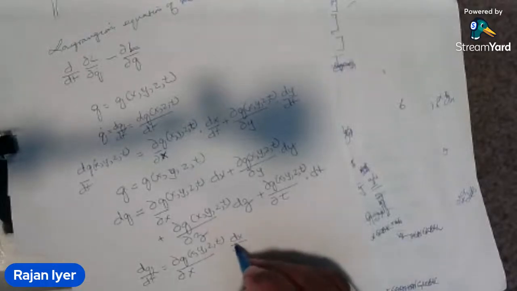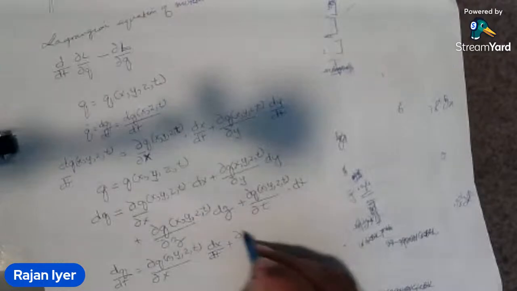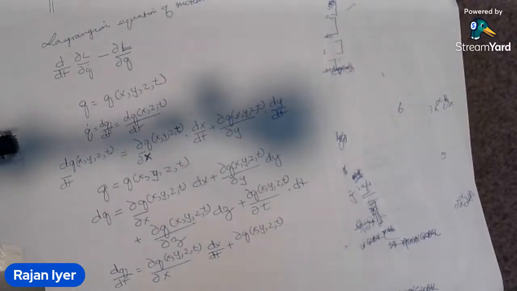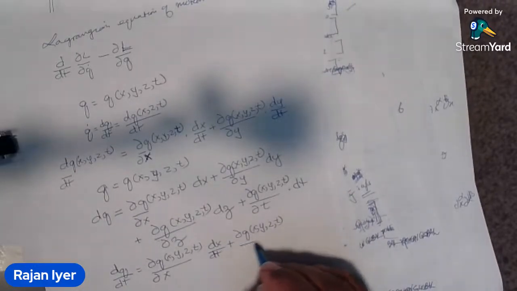Now, if I find dq by dt, all I have to do is go into the thing. I don't worry about this one, because this one is the same. Then dx by dt, right? Then del q x y z t. Again, I'm keeping it as Euclidean Cartesian coordinates, so it's simple enough.